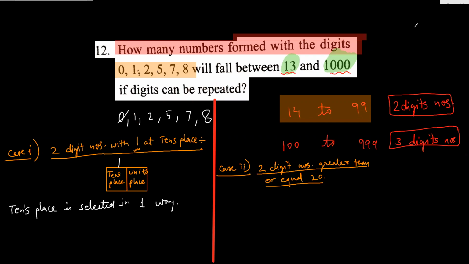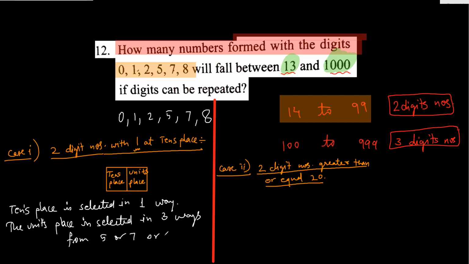You got that? So here I write, the units place, this is quite interesting question. I'll write here, the units place is selected in 3 ways, from 5 or 7 or 8. Okay?